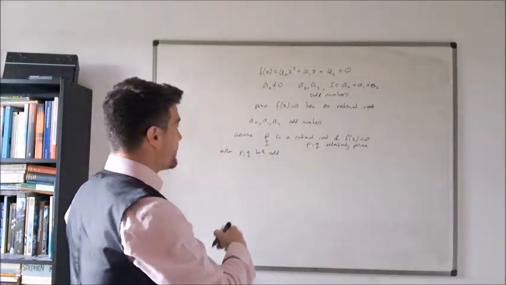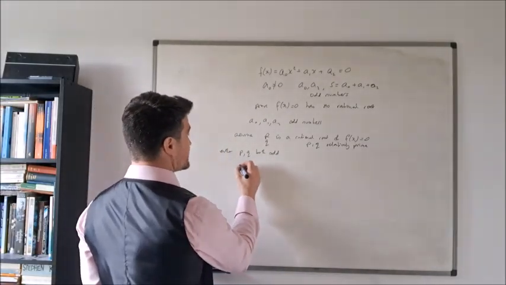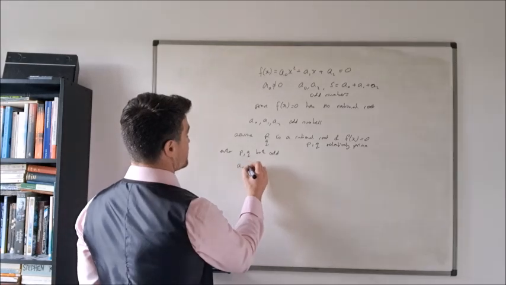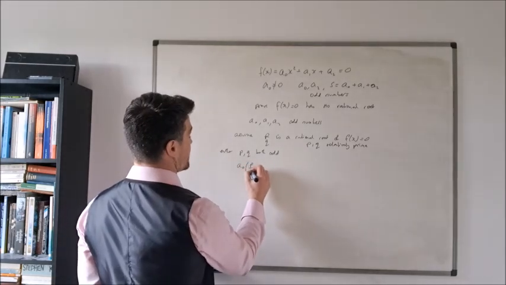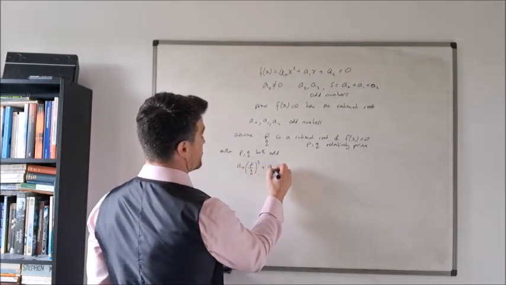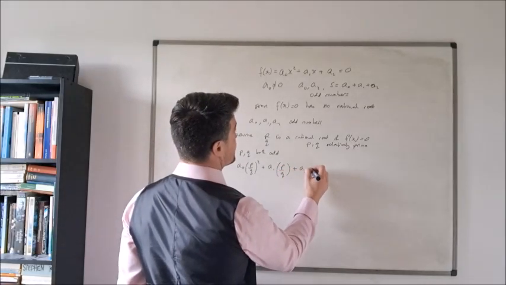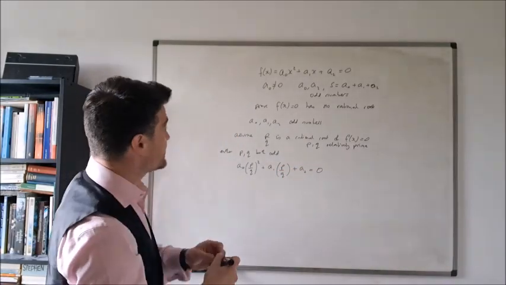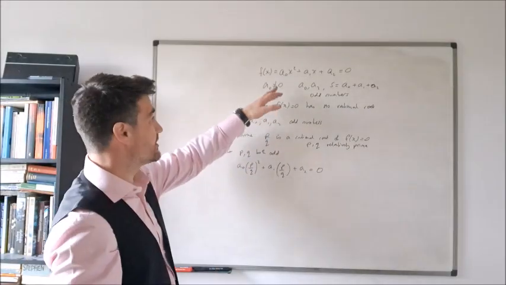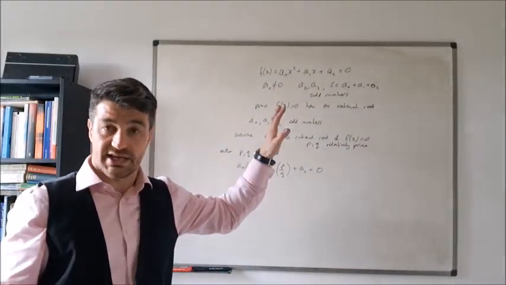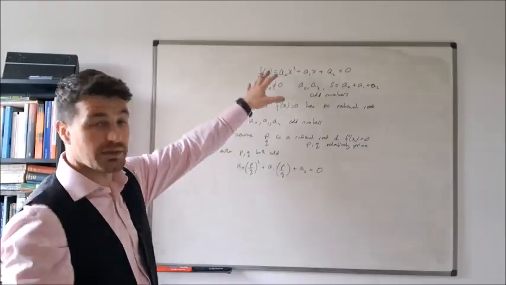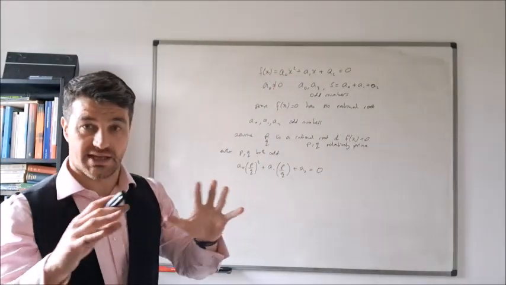So either P and Q are both odd, in which case A0 times P over Q squared plus A1 times P over Q plus A2 is equal to 0. By the way, this condition here, A0 is not equal to 0, means that we've got a genuine quadratic expression here. It's not a degenerate quadratic expression.